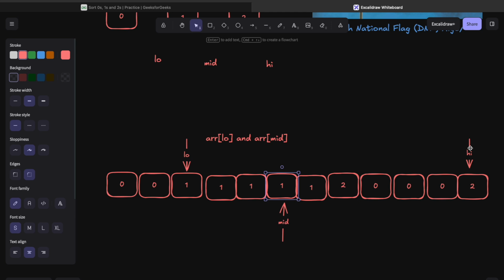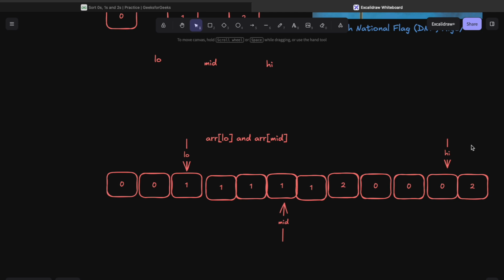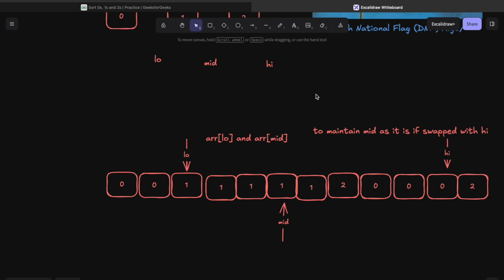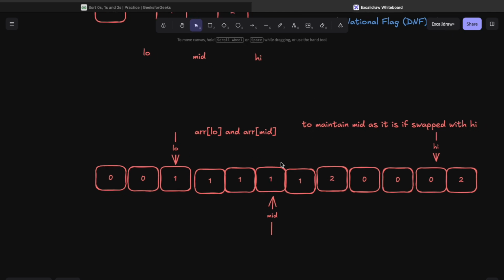Since now the two is guaranteed to be at the end, I can decrement the high. But I might not know what is here, so I'll maintain the mid position as it is. Just remember to maintain mid as it is after it is swapped with high. Now again I have to check at the mid.